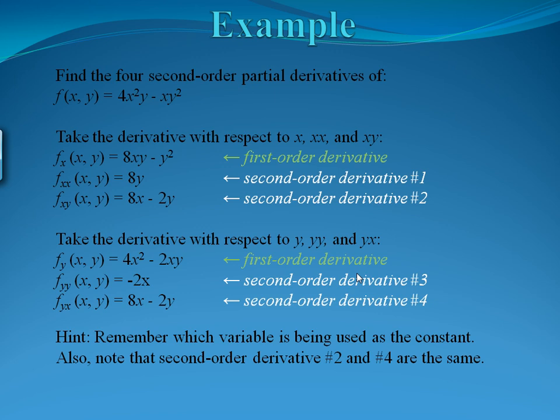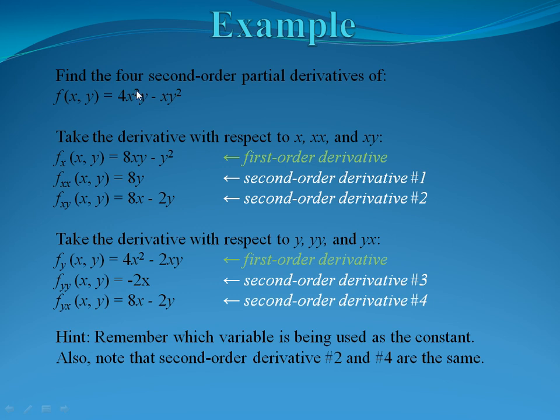So let's say we start with the function 4x squared y minus xy squared. So we want to start by taking the first partial derivative with respect to x. So we start there with our first derivative, just like we did before in Calculus 1. So the partial with respect to x, we're going to look at the first term and say, okay, x is our variable, which means 4 and y are constants.